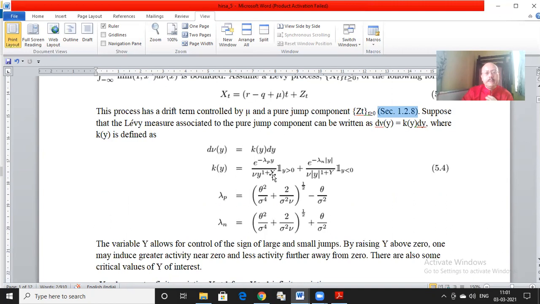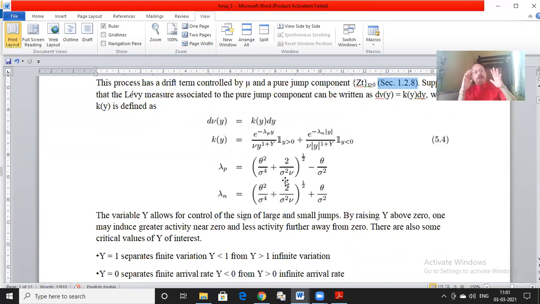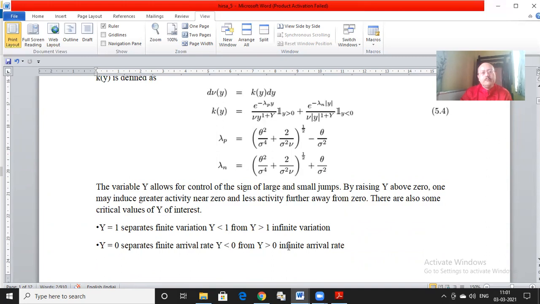When this power is very big, we know that the density will fall away very quickly on both sides of 0. And if it is quick enough, then there is very little activity going further away. So if Y is greater than 1, we have the infinite variation case, and less than 1 is finite variation. One can also distinguish between arrival rates, finite and infinite arrival rates. And the separation is at Y equal to 0, the power of small y being more than 1 or less than 1.